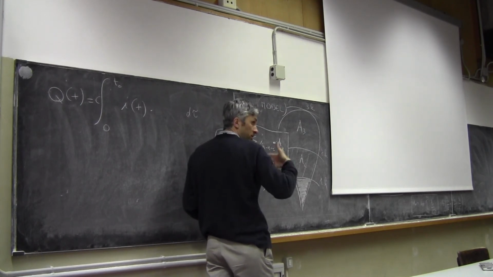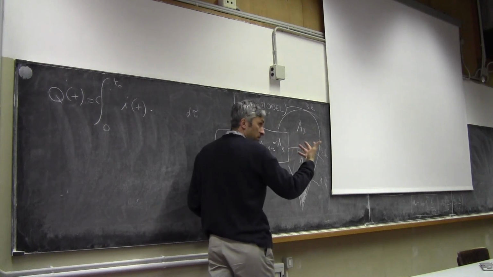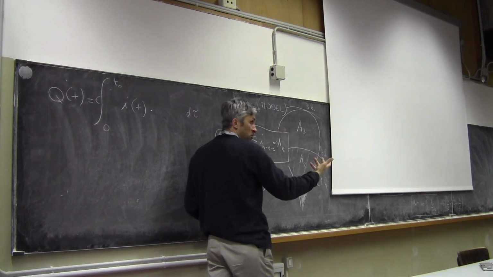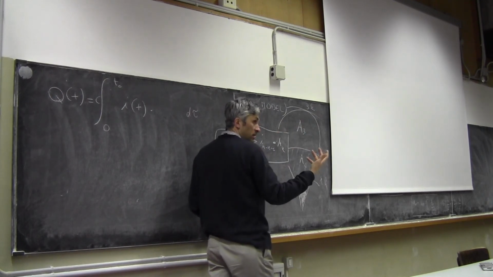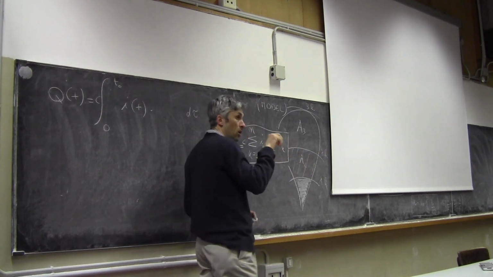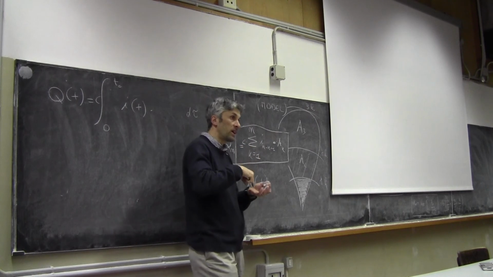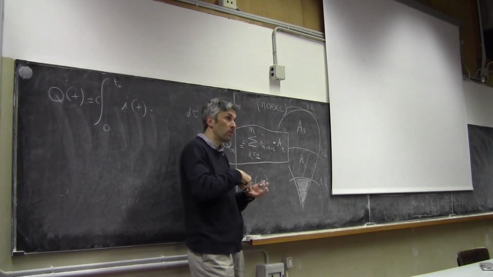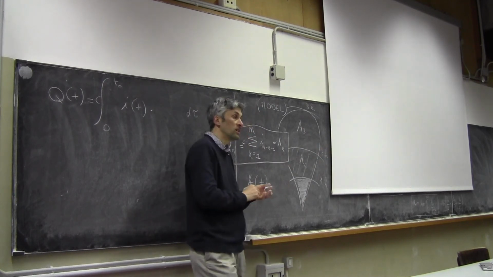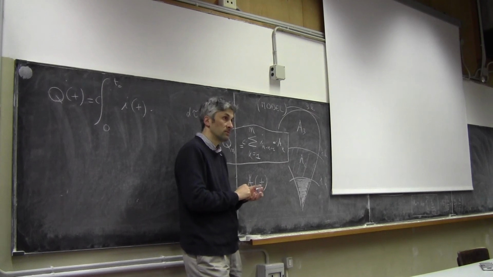Please become familiar with this term. Contributing area means that at a given time you have part of the area of the catchment, possibly the whole catchment, that contributes to the river flow. What does it mean that contributes? It means that rainfall falling over this area is contributing to forming the river flow at the outlet.